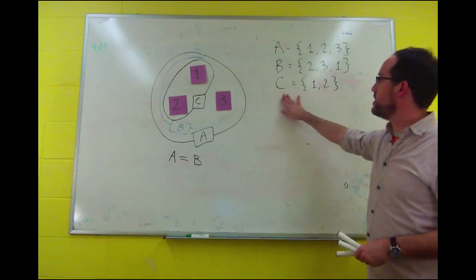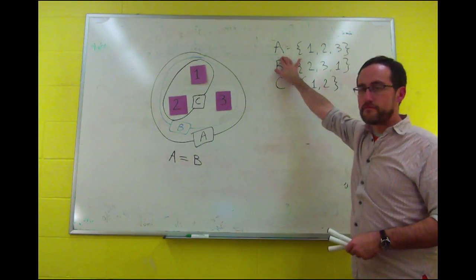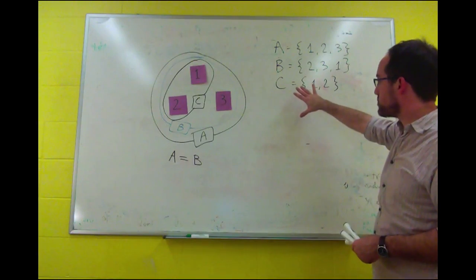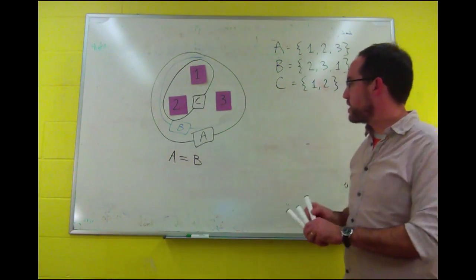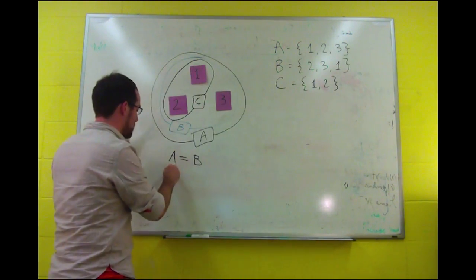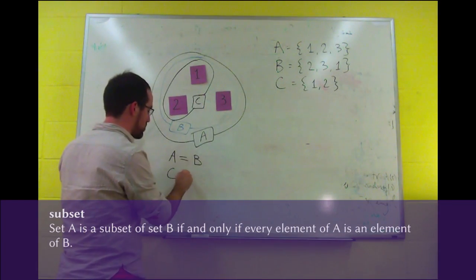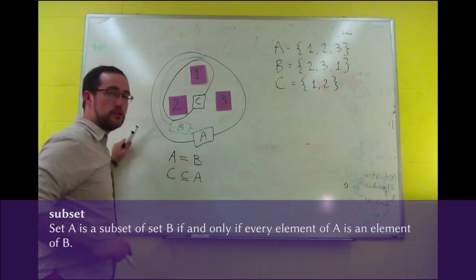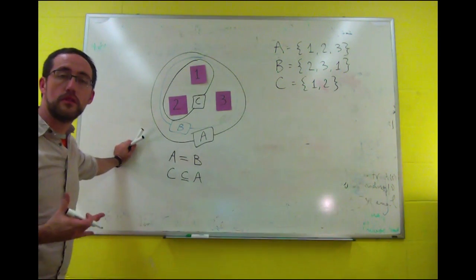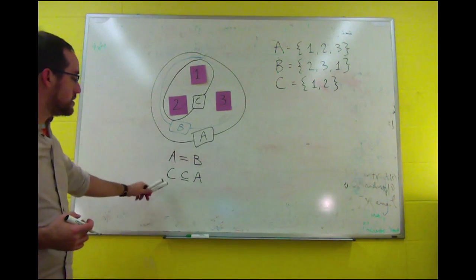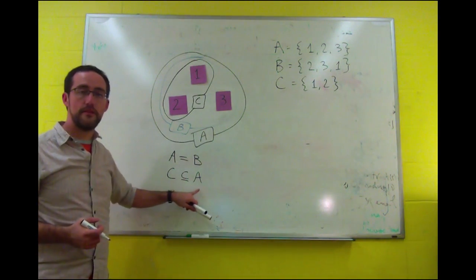We say that C is a subset of A. And we say that because every member of C is also in A. And we can express that using this symbol, a horseshoe with a line under it. And the open end of the horseshoe points to the larger set. So this is C is a subset of A.